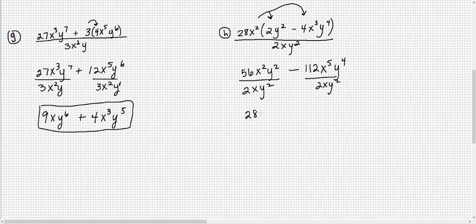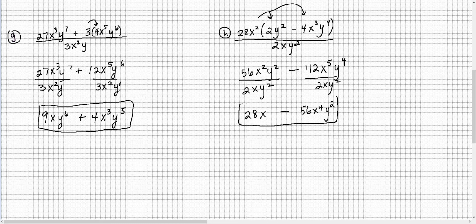X squared over x is just 1x. Y squared over y squared, that cancels. Minus 112 divided by 2. It's going to give you 56. X to the 5th over x is x to the 4th. Y to the 4th over y squared is y squared.